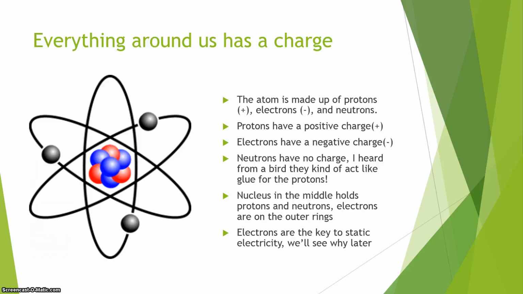The atom is made up of protons, which are positive, electrons, which are negatively charged, and neutrons, which have no charge. The blue and red balls in the middle represent the nucleus, while the gray spheres on the outside, on the shells or rings, represent the electrons.